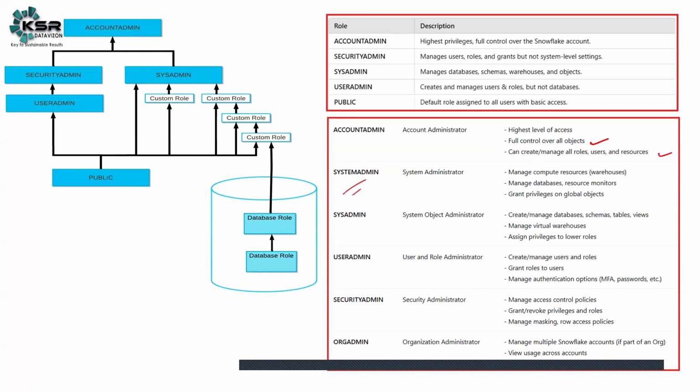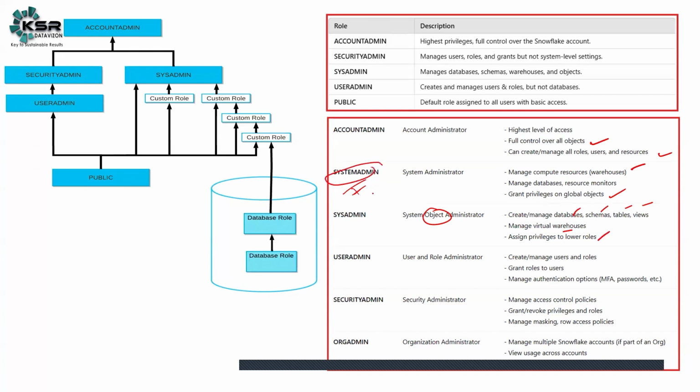There is something called the system administrator, where you can manage your compute, your databases and any resources, and grant privileges on global objects also. Whereas sysadmin is an object level administration, where you can manage your database, schemas, tables, views. You can manage your warehouses, and I think you can create your warehouse, just manage it and assign lower level privileges.